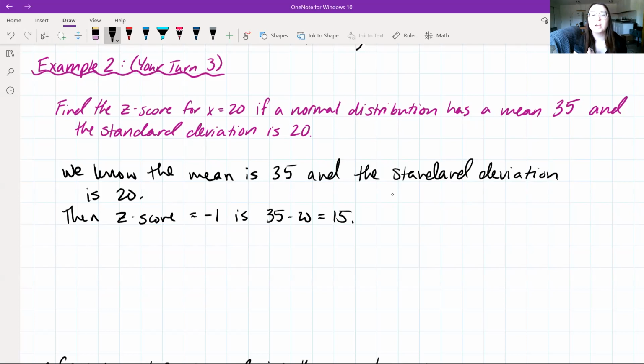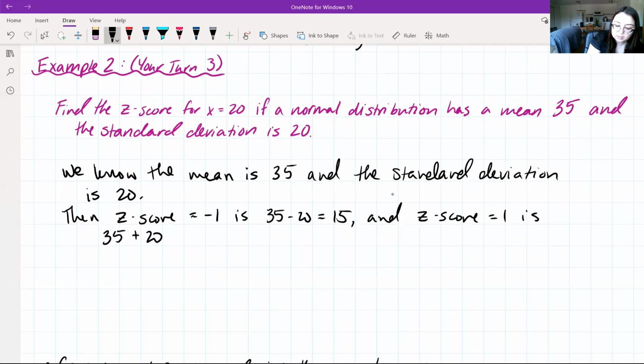So our z-score of negative 1 corresponds to the x value of 15. We'll say. And the z-score, which is equal to 1, is 35 plus 20, which is 55.